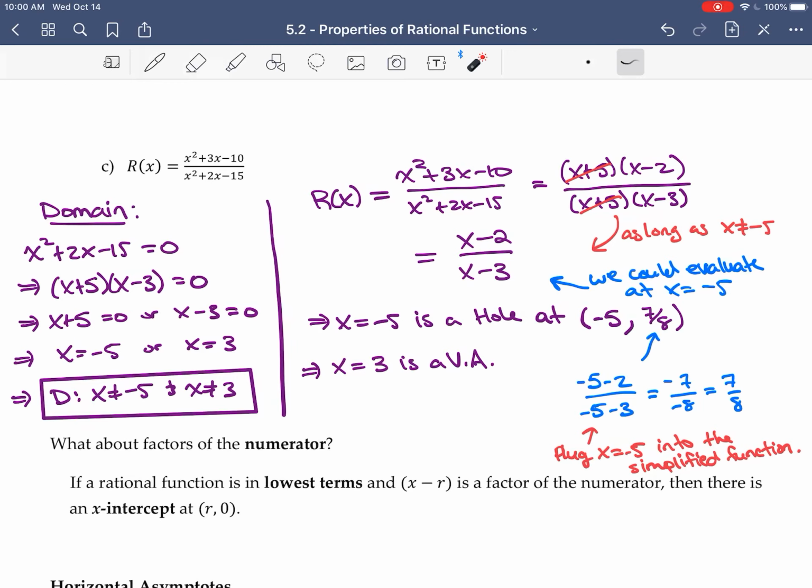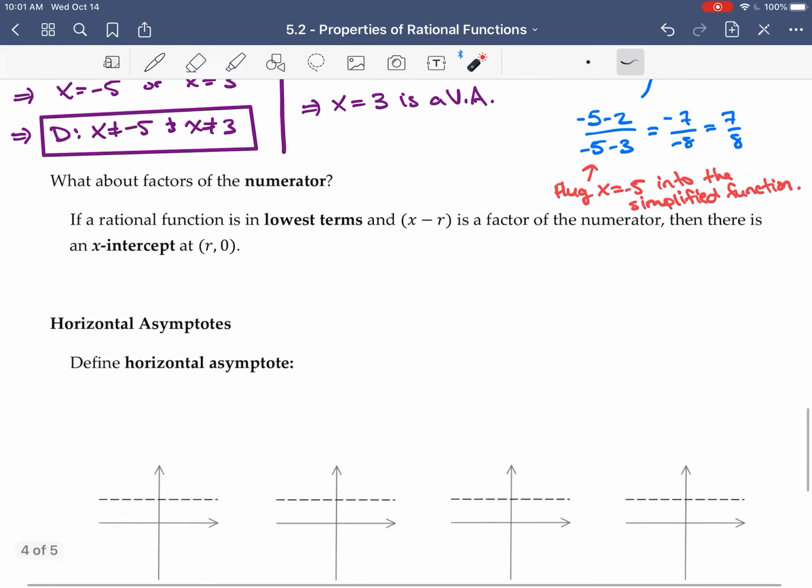I can be as close as I want to negative 5 without actually being negative 5. And the y values are going to approach this value, because if I'm really, really close to negative 5, I'm going to get a value that's really, really close to this number when I use the simplified form. And that will be a point in the graph. So basically, our function is this graph with just this one point pulled out of it. So that's what's going on there.